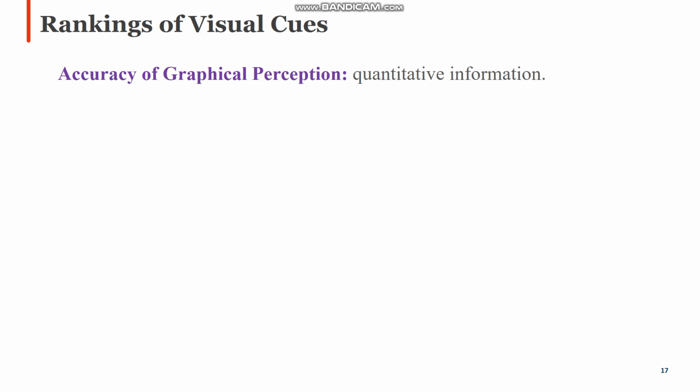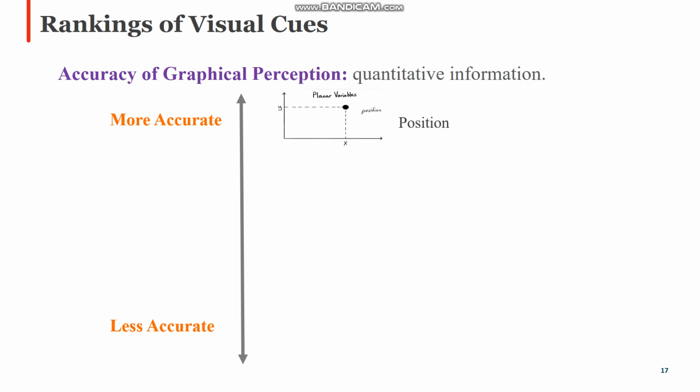After learning the various visual cues, it's time for us to apply the visual cue design principle. Let me introduce the importance ranking for visual cues. It depends on the accuracy of graphical perception. If we list those primary visual cues in terms of visual accuracy from the more accurate to the less accurate, you will find the mappings here.